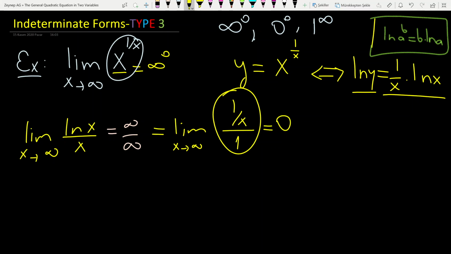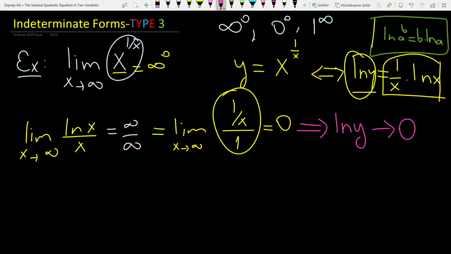When the denominator tends to infinity, the expression goes to 0. So the limit of the right hand side of this equality goes to 0. Okay? It means ln y also goes to 0, right?